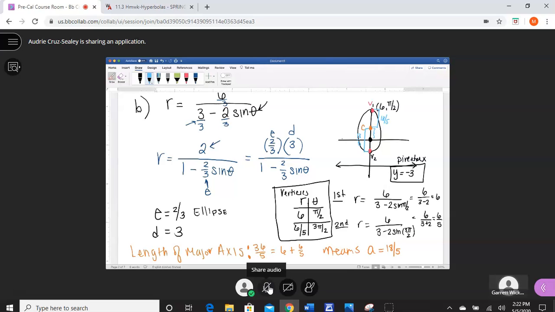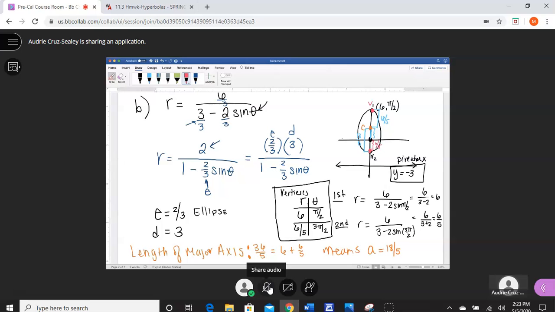Couldn't you just do 6 plus 6 over 5 divided by 3 to find the mean? Whatever you have to do, there's lots of ways to do it. But I need you to find the distance from here to here. So you could take the 18 over 5 and take the 6 over 5 away. Because you know that this is 6/5.